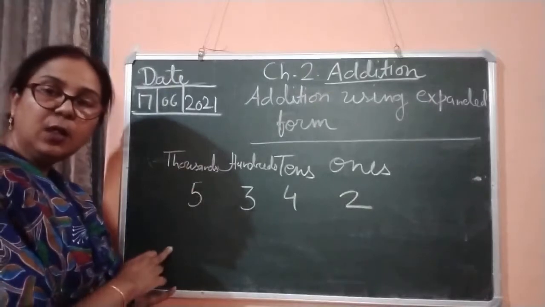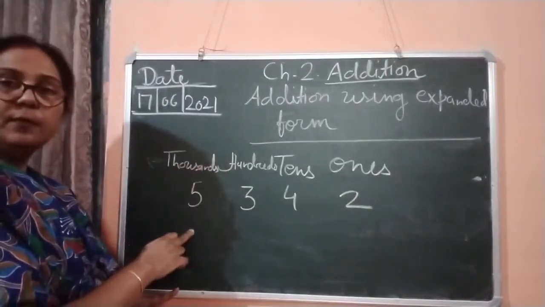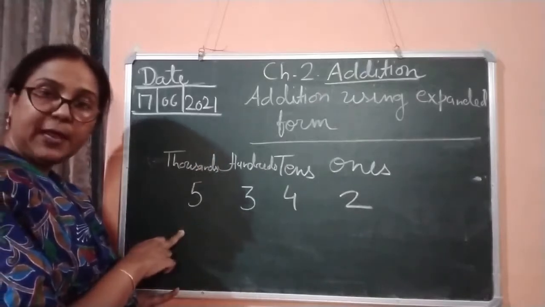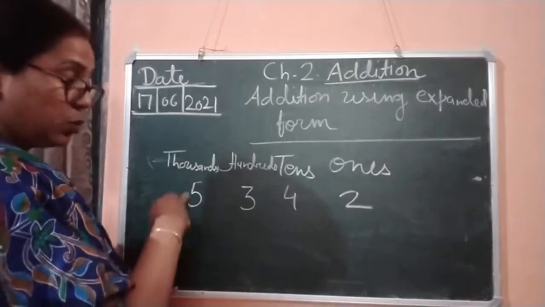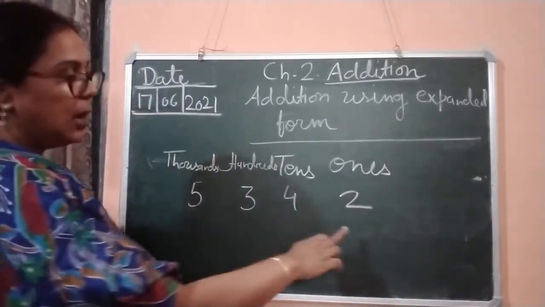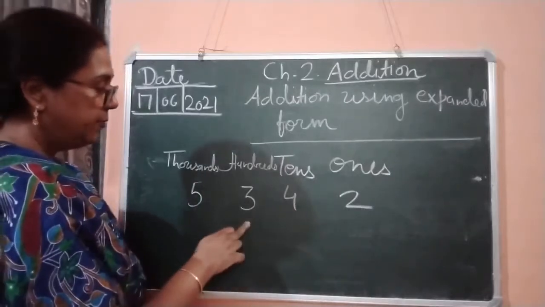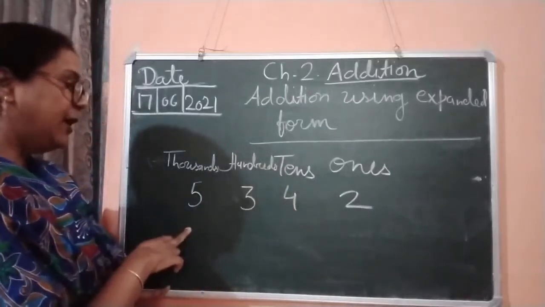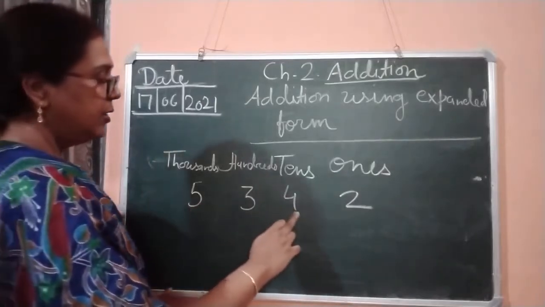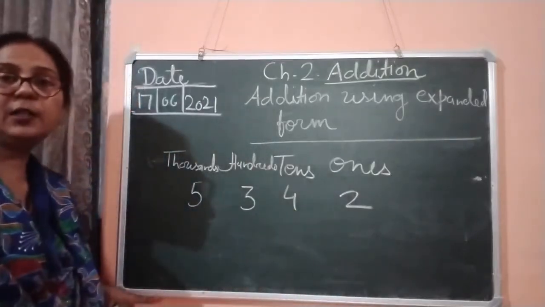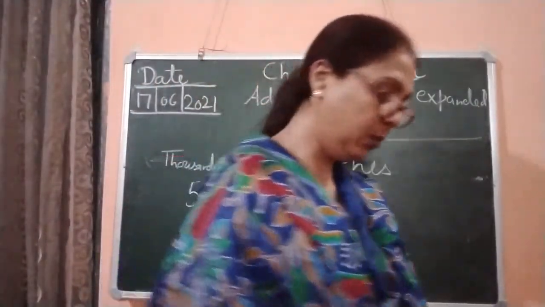Why are we saying this 5000? Because this is under the thousands place. Now this is ones, because 2 ones, 4 tens, 3 hundreds and 5000. As you all know children, this is very easy for you.